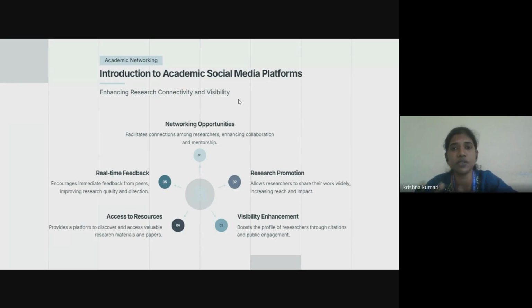They also help us access valuable resources, and we can get research materials and papers from these platforms. They help us promote our research work and make it much more visible.